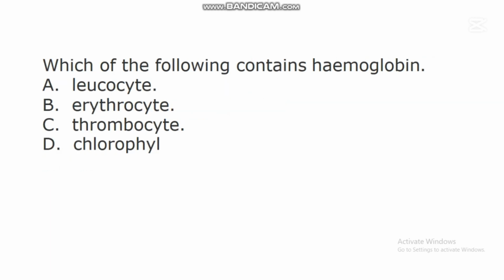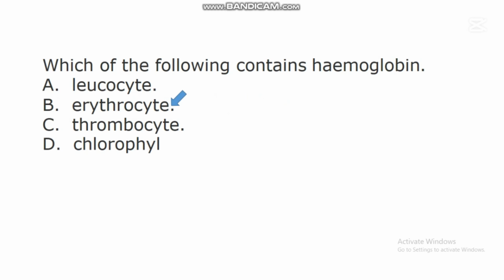The next question says, which of the following contains hemoglobin? A. Leukocyte. B. Erythrocyte. C. Thrombocyte. D. Chlorophyll. In this question, the correct answer is B. Erythrocyte.